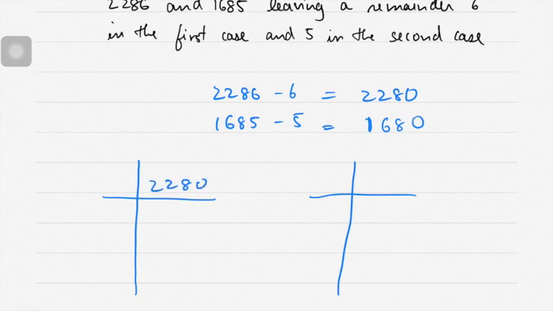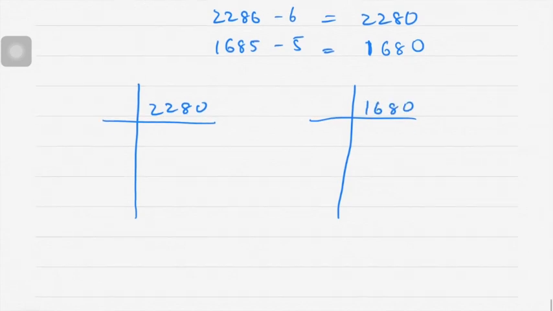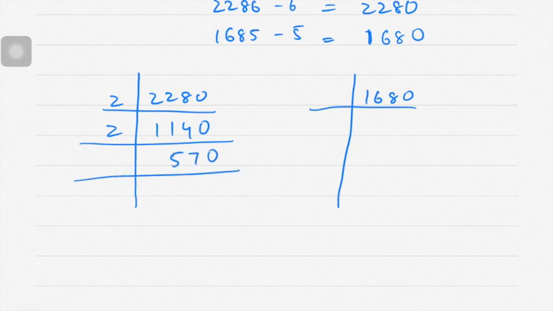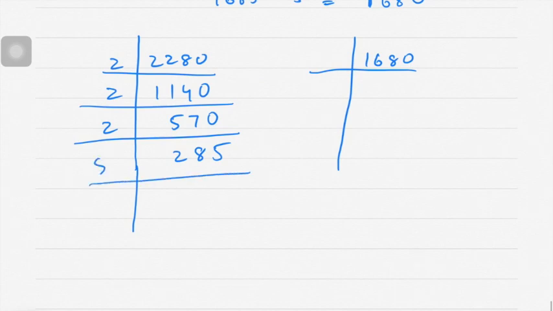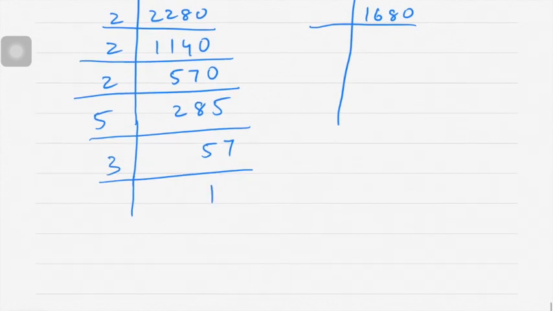You will write the statement same as above. I'll just solve it. So let us find the HCF. 2280 divided by 2 is 1140, 2 5s are 10, 7s are 14, 2 2s are 4, and so on until we reach 57.